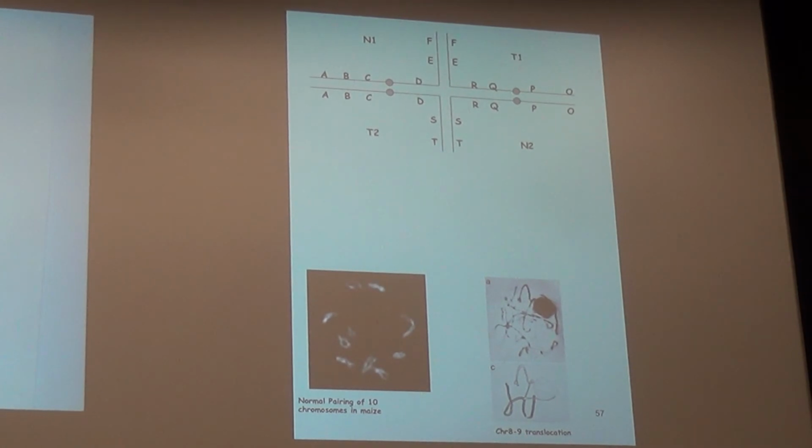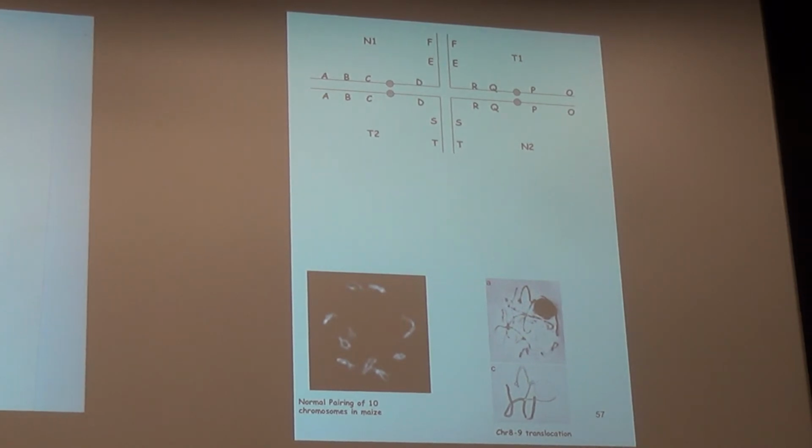Correct? Yes? So, when you look at the genes that have gone along with this, you're going to get N1 and T1, so you're going to get A, B, C, D, E, F, correct? And you're going to get O, P, Q, R, E, F.